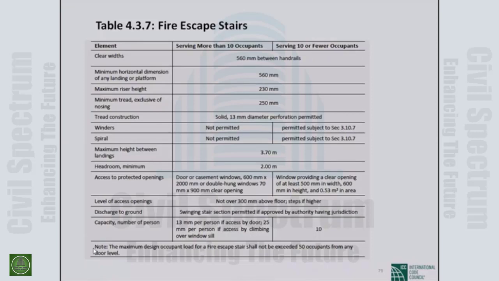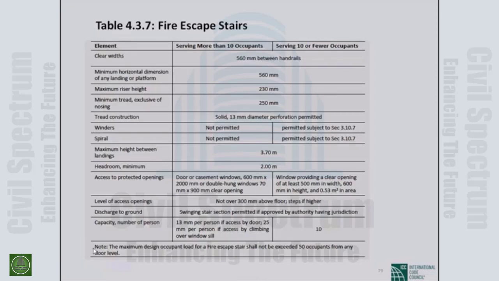The maximum design occupant load for a fire escape stair shall not exceed 50. I think it is 50. Somehow it is wrong, because you have already given data: for less than 50 people, 1 opening; less than 500, 2 openings; if it is less than 200 people, 2 openings.